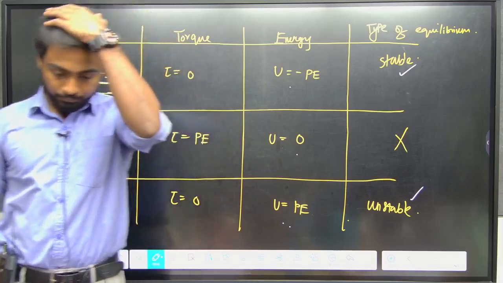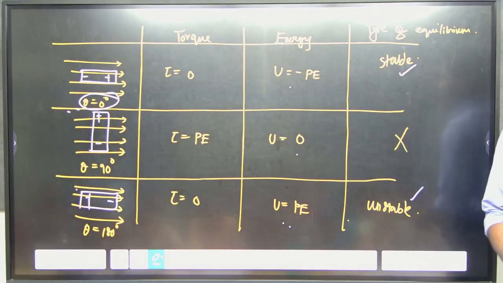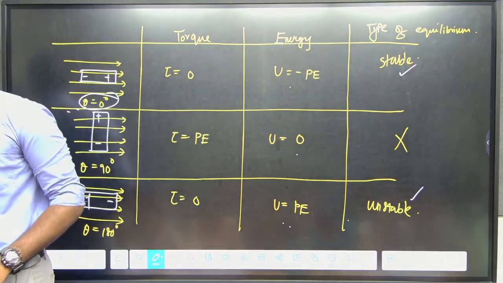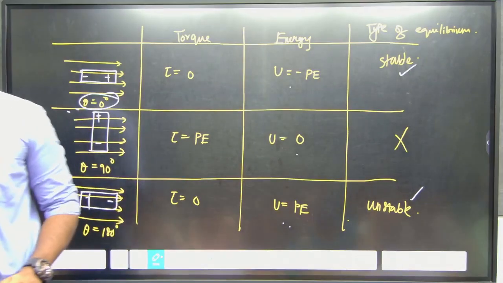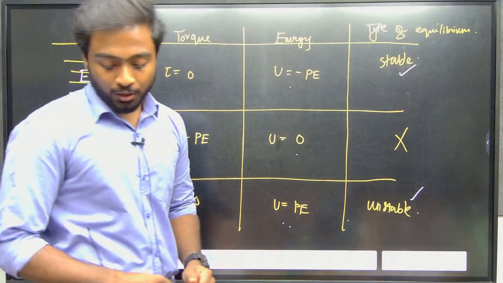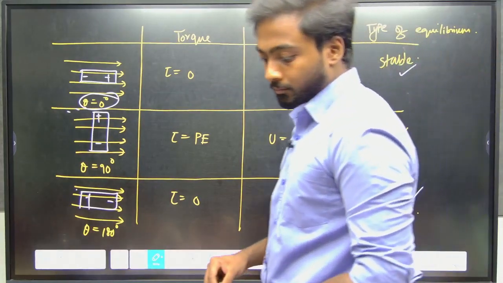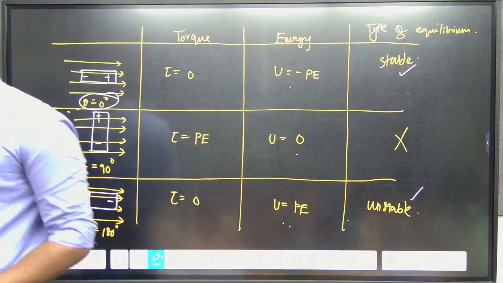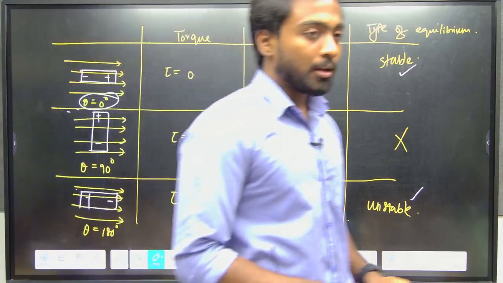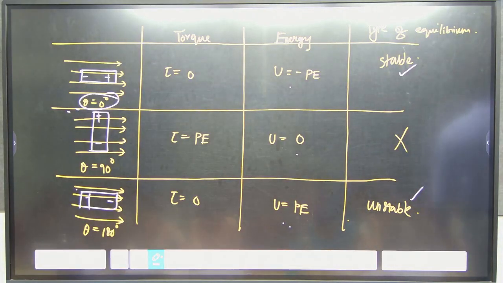An electric dipole of a dipole moment P is placed in the position of stable equilibrium in a uniform electric field of intensity E.